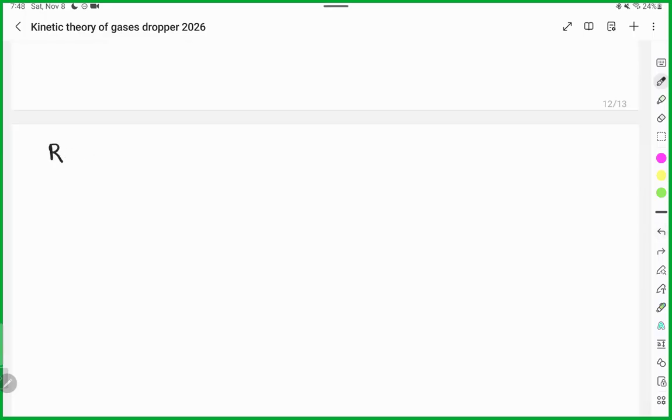What is the spelling of random? R-A-N-D-O-M. If you have random motion, can we say this gas particle will have motion in the x-axis, y-axis, as well as z-axis? Any doubt? There will be motion in all directions, x-axis, y-axis, and z-axis.